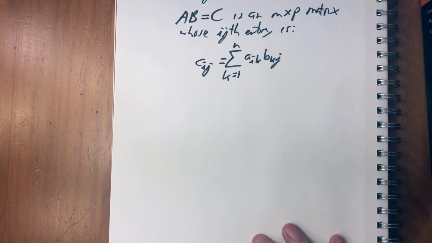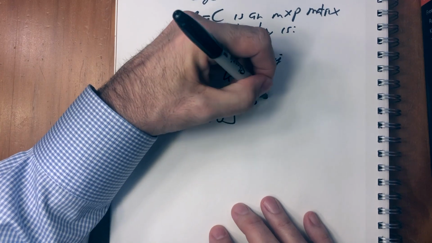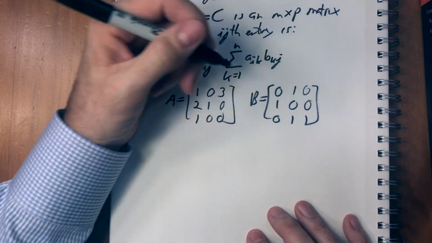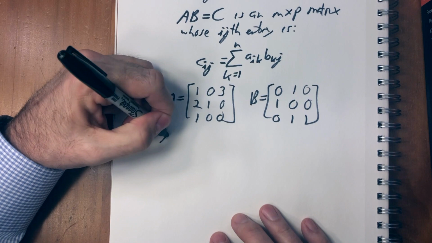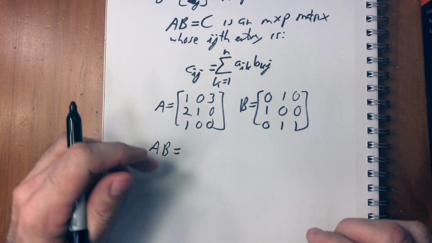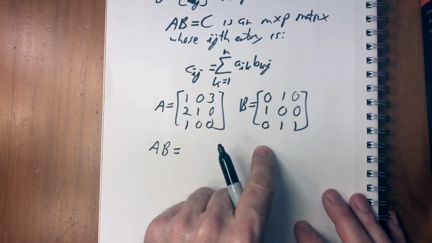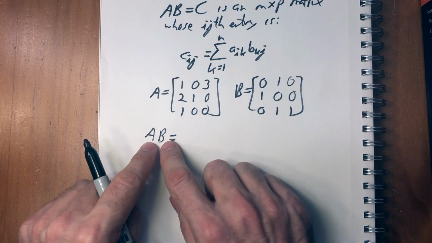So if we have, let's make an array here, and we're going to multiply these two, AB equals, we're taking the dot product of each row in A with the column in B. And that's how we end up with our element.